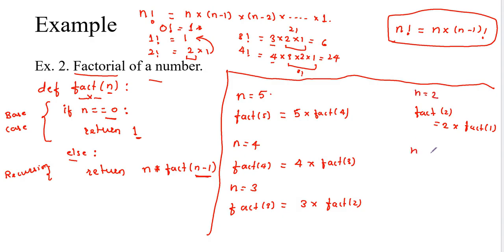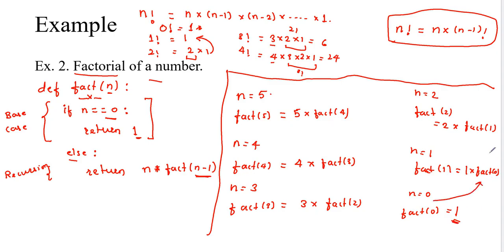Then for n equal to 1, factorial of 1 is equal to 1 into factorial of 0. And when n becomes 0, we enter into our base case and I get factorial of 0 equal to 1.